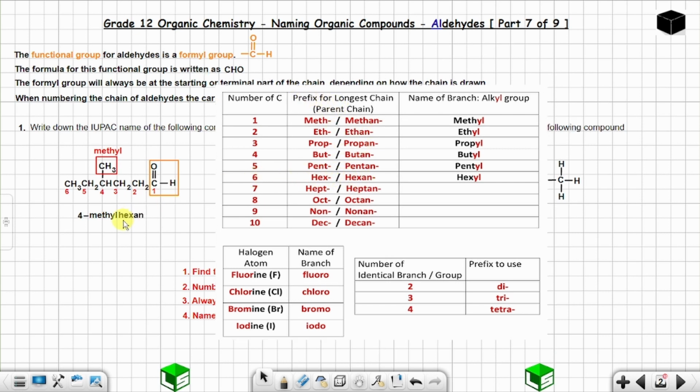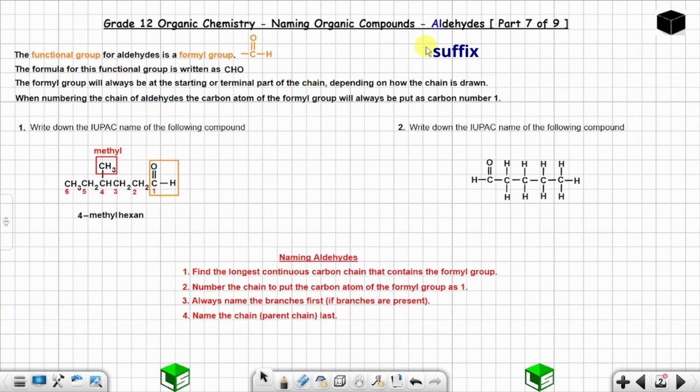And you are going to follow this with the suffix al. You have hexanal, so you don't have to specify where your formyl group is, because we know when we are naming aldehydes, the formyl group will always be at carbon number 1. For that reason, we are not going to specify it in the name.